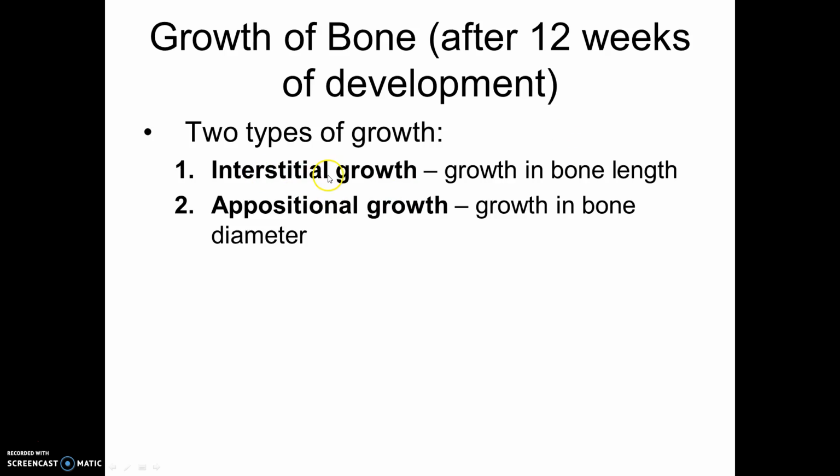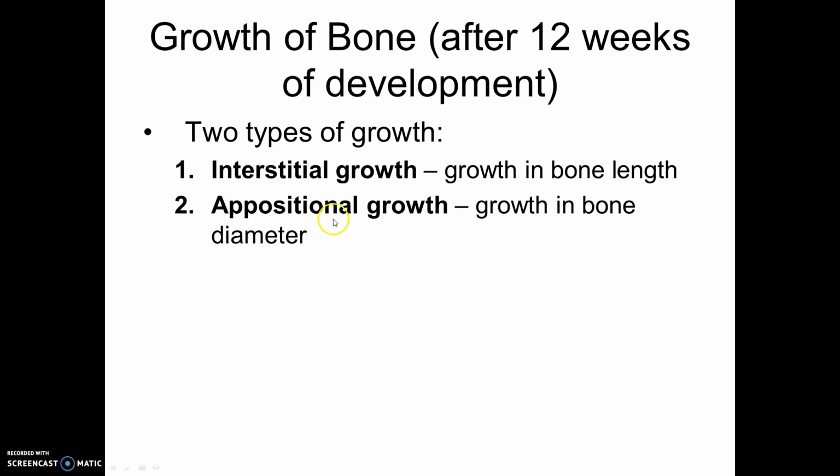What we just described is called interstitial growth, which we'll describe again a little bit here, which is growth in the length of the bone. So that's one type of bone growth. And then after we talk about interstitial growth, we'll talk about appositional growth of bone, which is growth in the diameter, like laying down additional layers of a tree trunk, essentially.